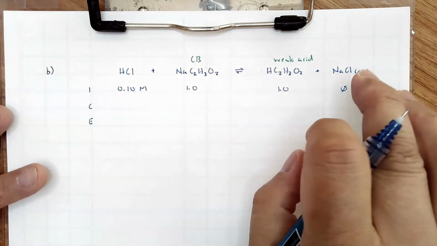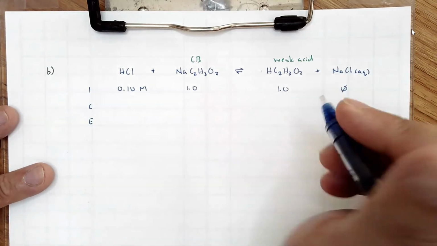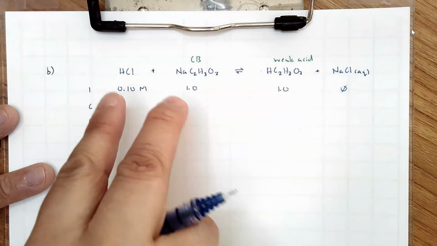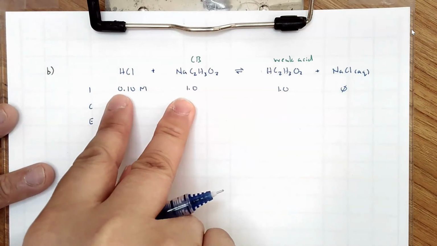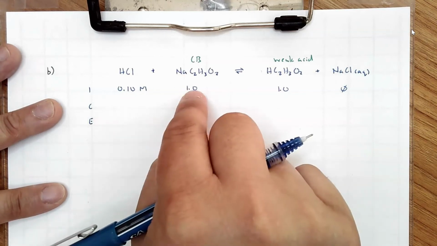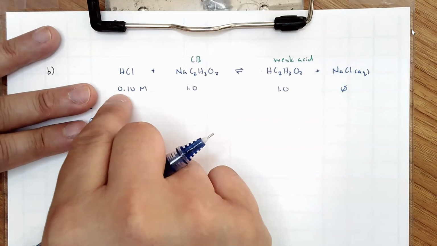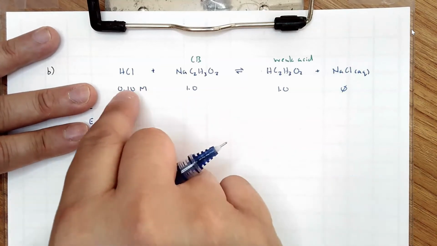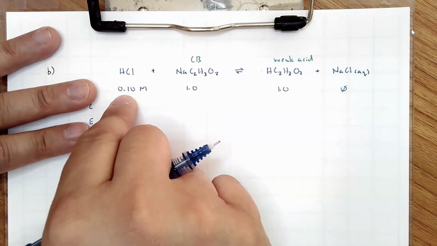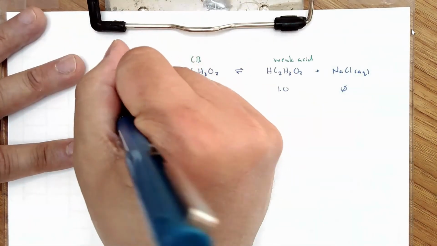But actually, this is irrelevant to our calculations. So look at the situation we have here. We have a lot more conjugate base. This is a strong acid, so it is going to give up its proton, and since this is in lesser amount, this is going to go to 0. So we're going to lose all of our acid.